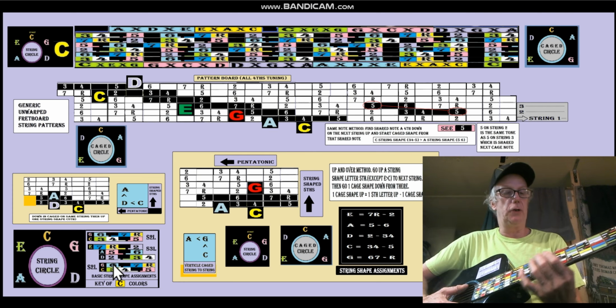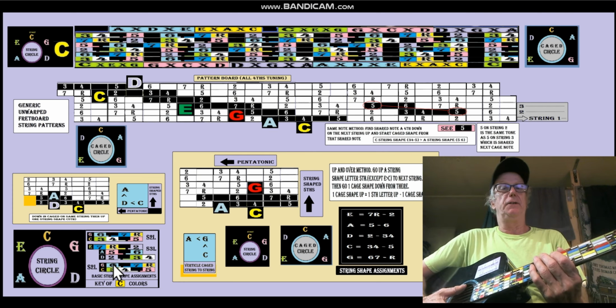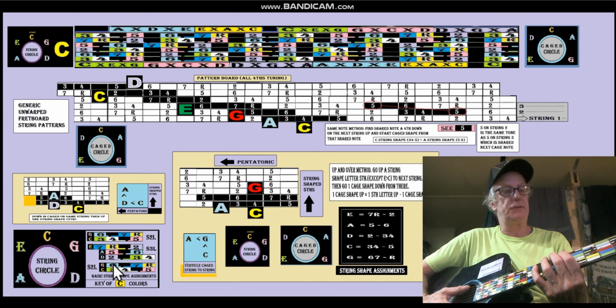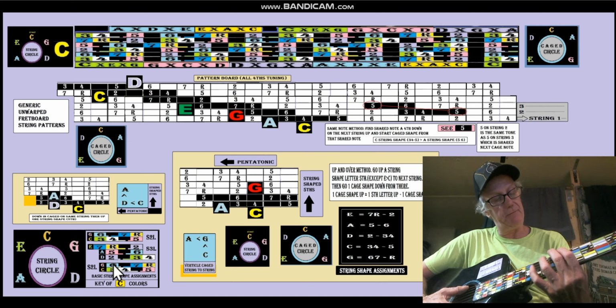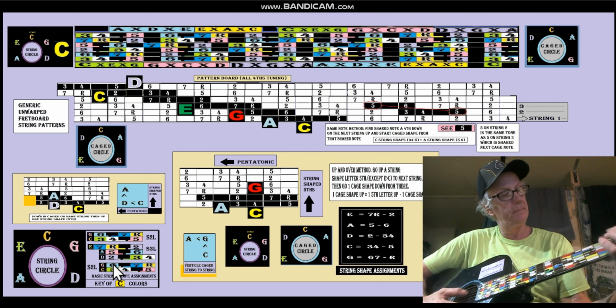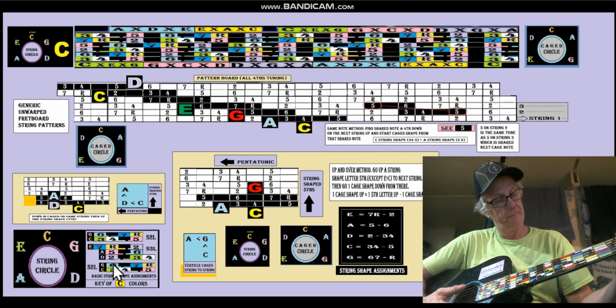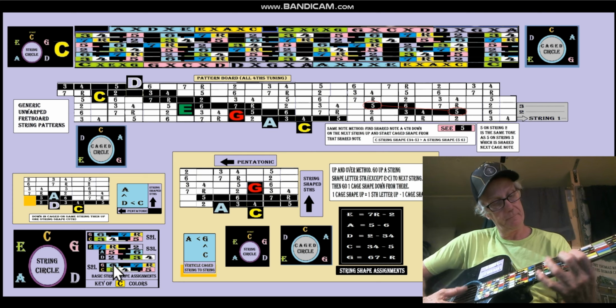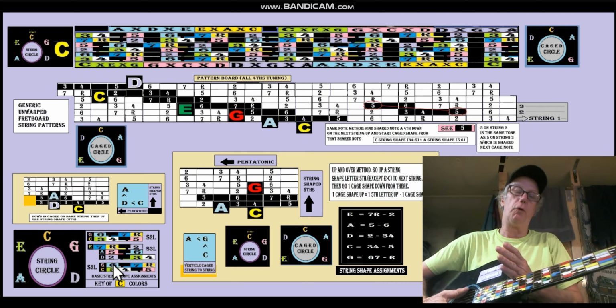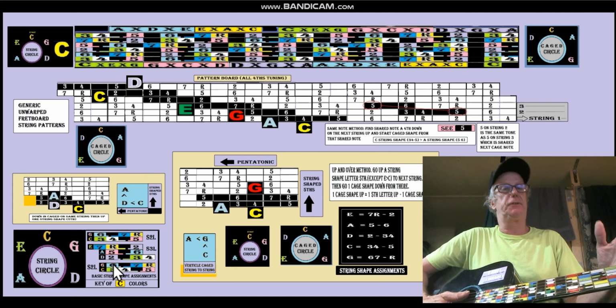We want to go in the string circle to the 4th of A, which is the D pattern. It's going to have bookend isolation, so it's going to be down here. So it's in fourths going down the neck to the left.